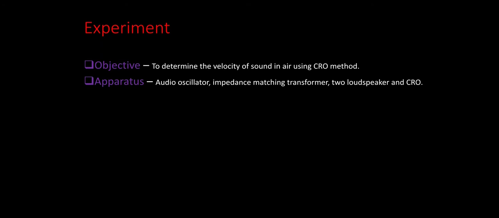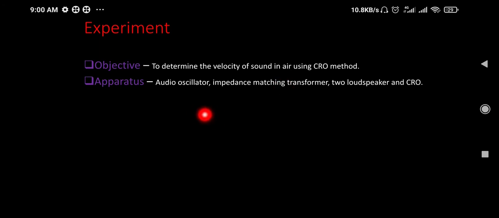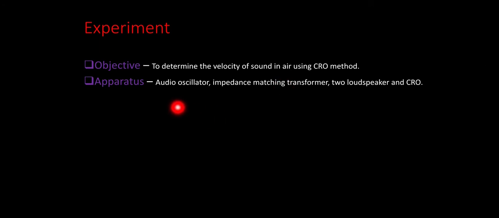And now the experiment, the main part. The objective of this experiment is to determine the velocity of sound in air using the CRO method. Apparatus: for this experiment we need an audio oscillator, impedance matching transformer, 2 loudspeakers, and a CRO. We know the audio oscillator will generate an audio wave.